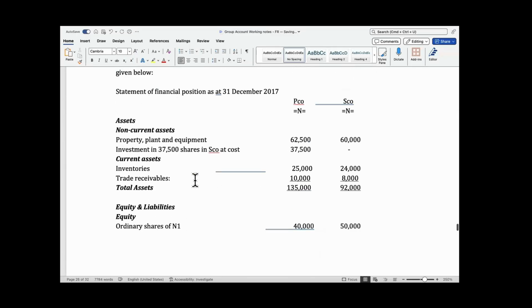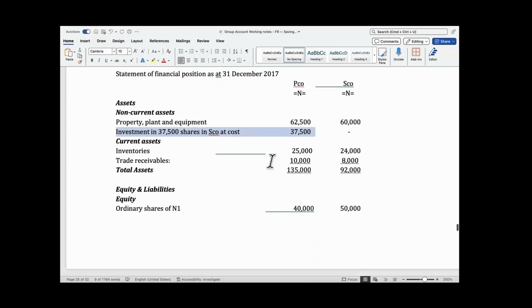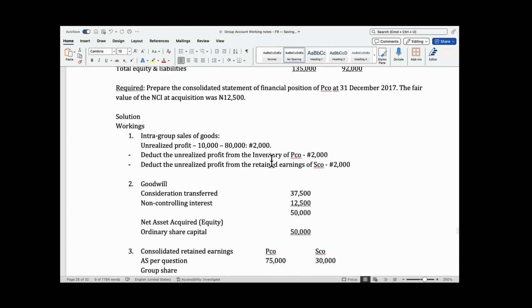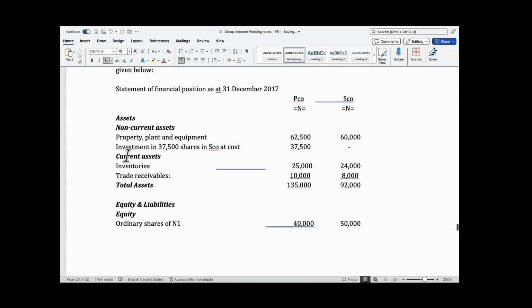Then the next item, which is my investment, that has been cancelled out and there was 0 goodwill. Then my current assets, I have my inventory. What's the addition of these two?